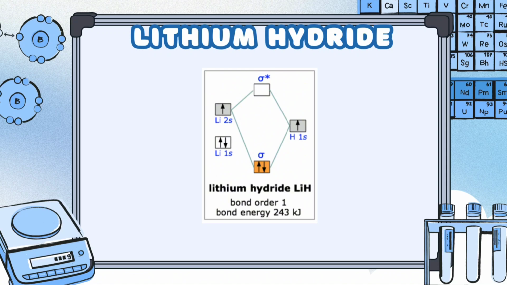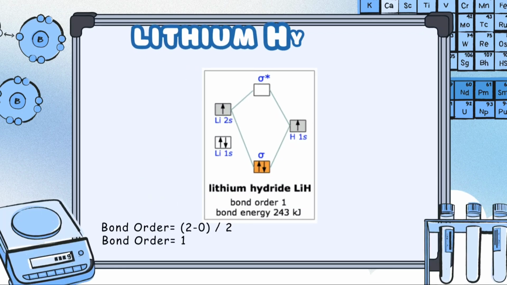In bonding, we first fill up the bonding area of the sigma orbital, which gives us one pair of electrons. And again, for the bond order, we have two electrons in the bonding area and zero electrons in the antibonding area, and we divide that by 2, which gives us 1.